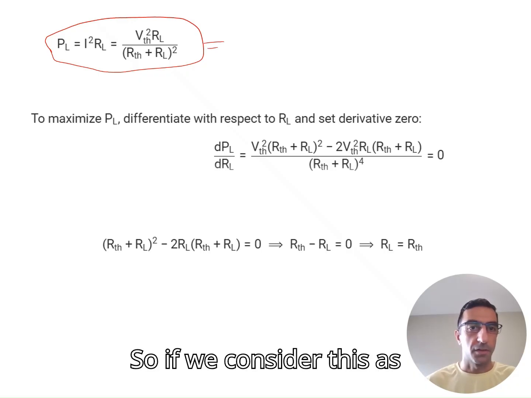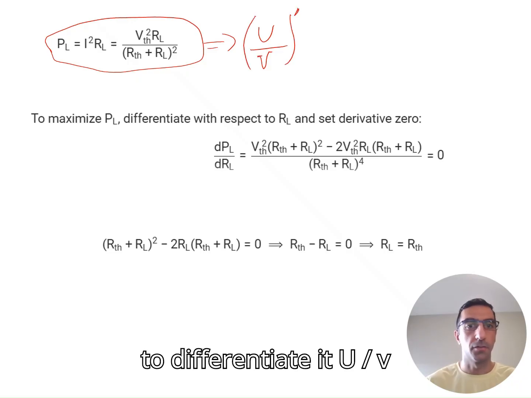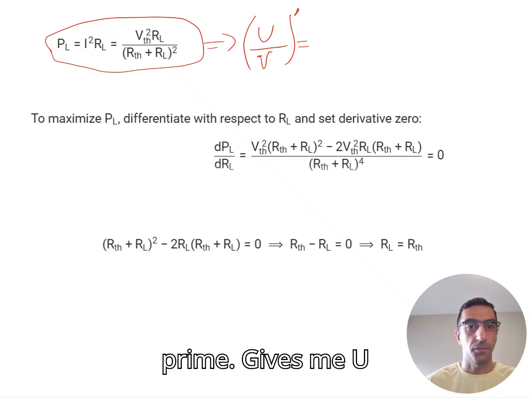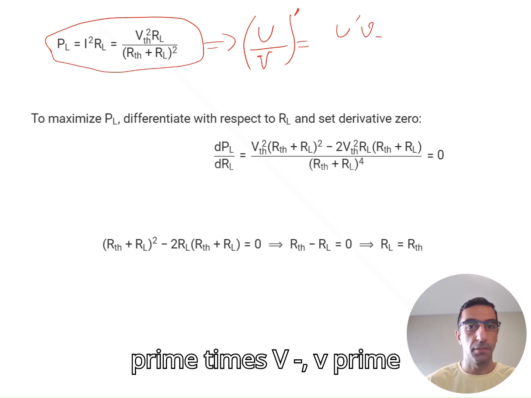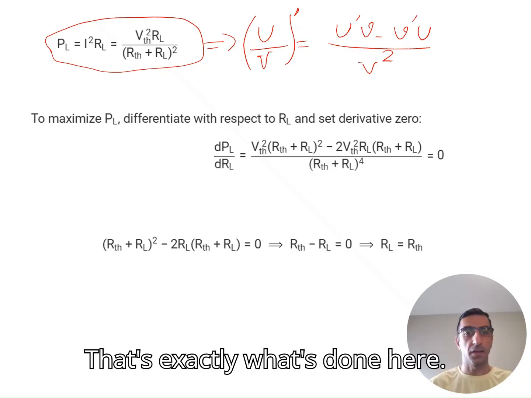If we consider this as U over V, the derivative of U over V gives U prime times V minus V prime times U, over V squared. That's exactly what's done here.